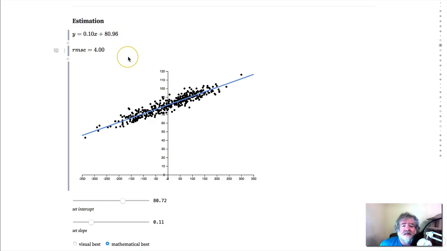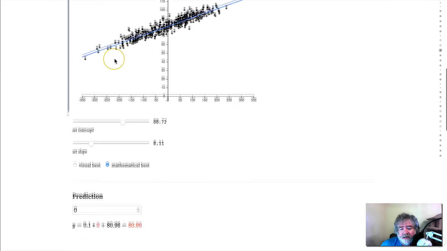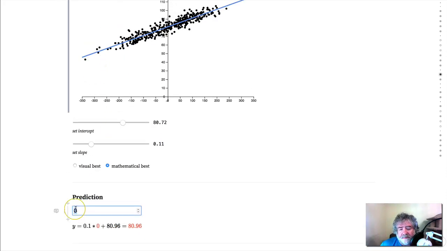So then what do you do with that? Well, if you have some data from a future year, you can use the point spread to try to predict how many wins a team with that point spread will have. So if we go down here, let's say we put in a point spread of 90, which means that the team scored 90 more runs than their opponents did that year.